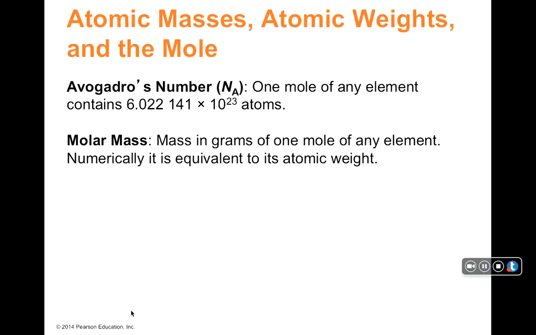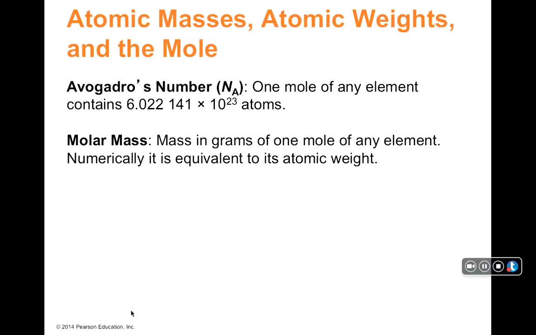I could ask you a problem like this: if you have a mole of water molecules, how many hydrogen atoms do you have? Water is H2O. That means that there's 2 hydrogen atoms in every water molecule. So if I have a mole of water molecules, I have 2 times Avogadro's number of hydrogen atoms.